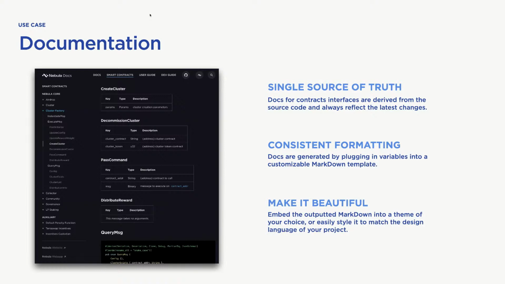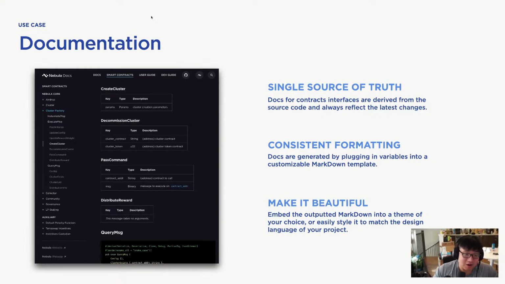This is a sneak preview. The Nebula documentation is automatically generated through these contract tools. As you can see, the message interfaces, instantiate message, execute message, and query message are all automatically generated, pulled from the source code.